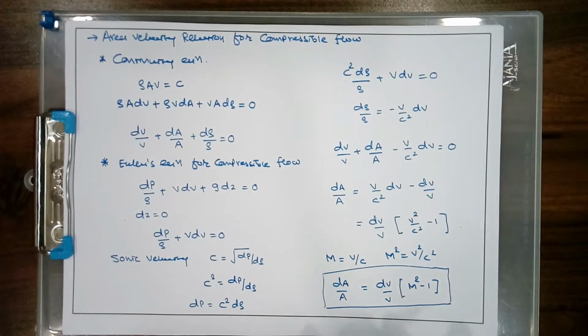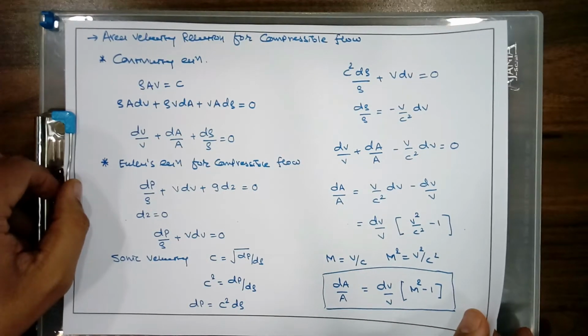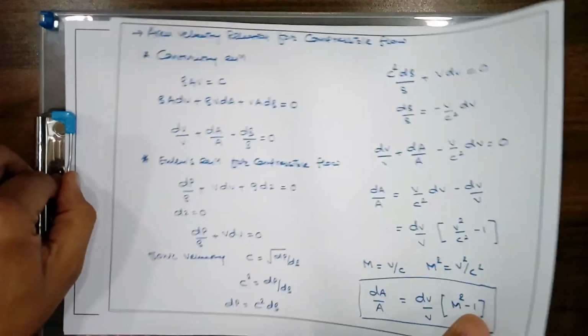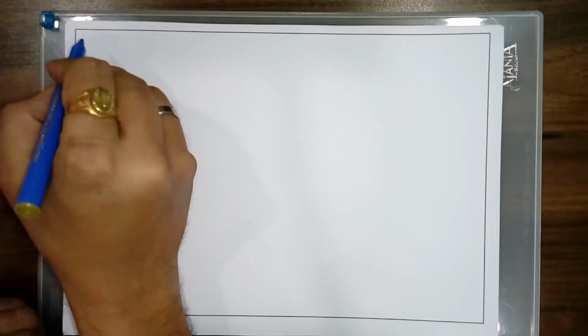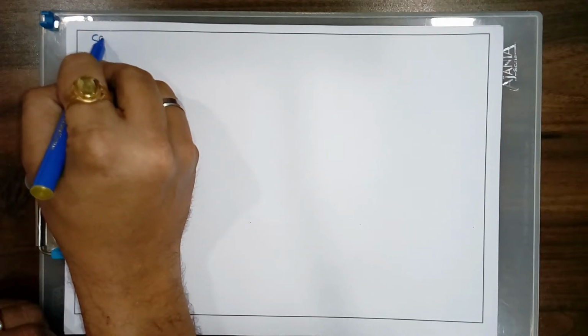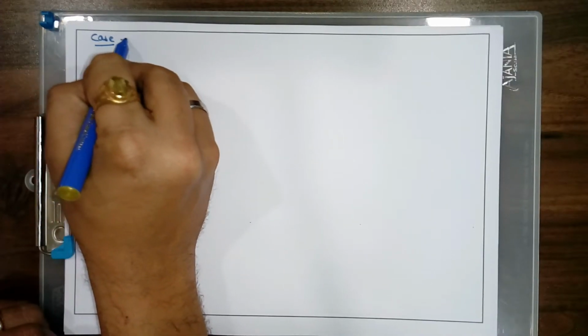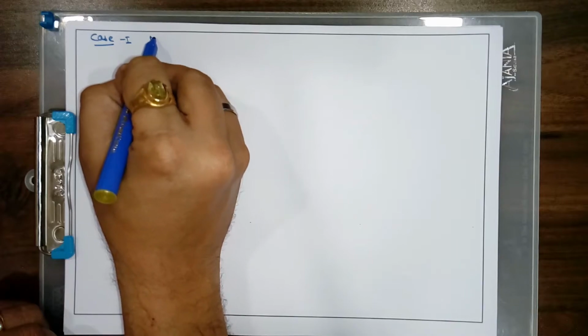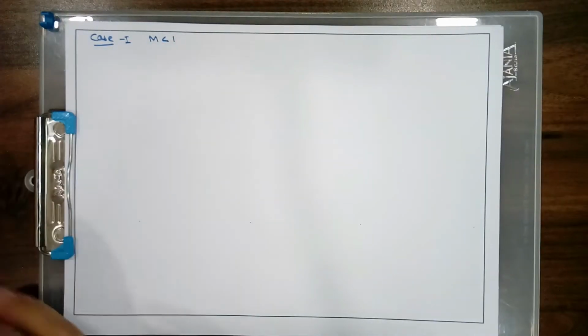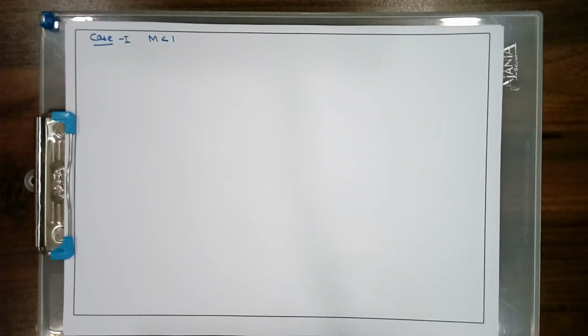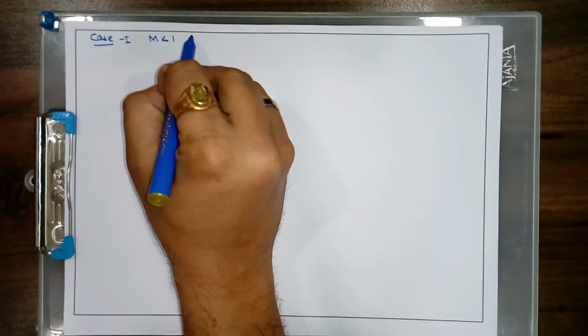Now from this expression we consider the different cases of the area velocity relationship. Case 1: Mach is less than 1, meaning our flow is subsonic.